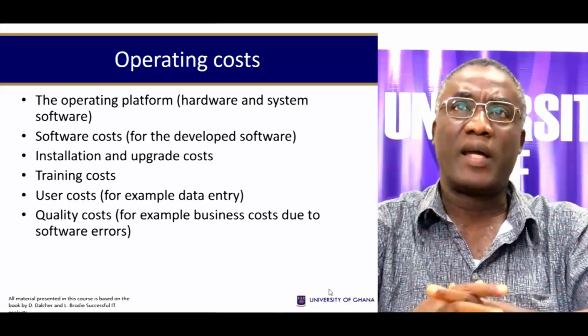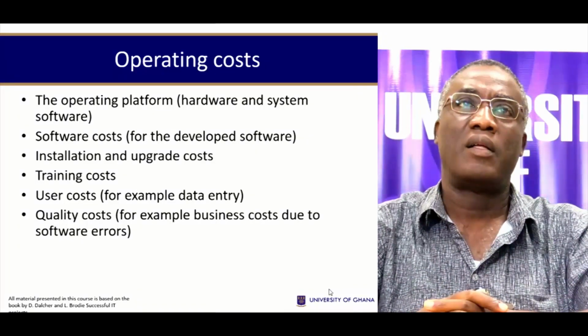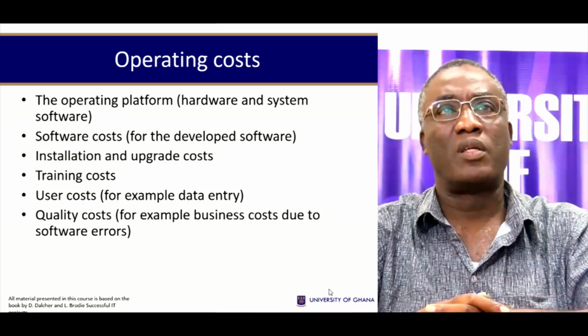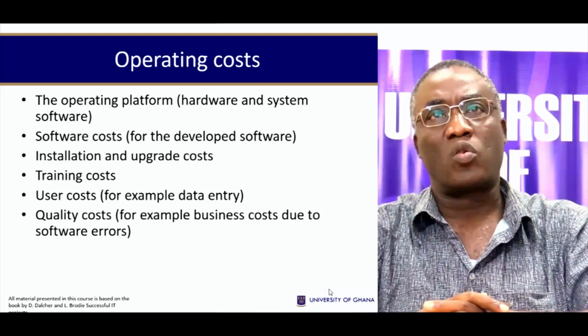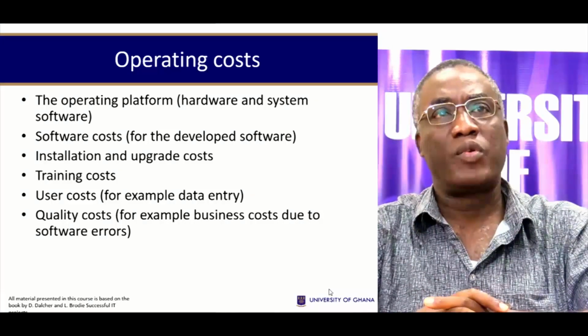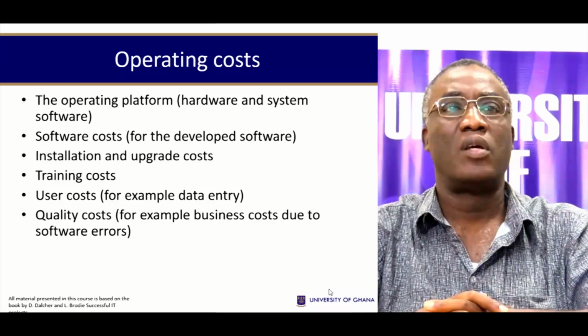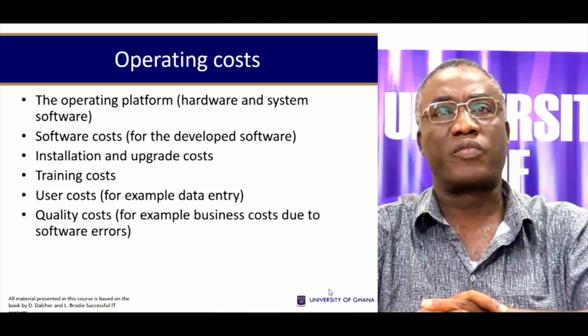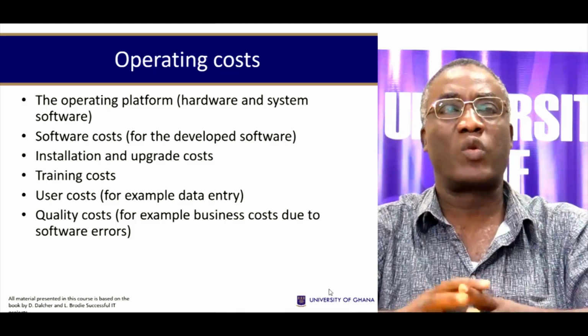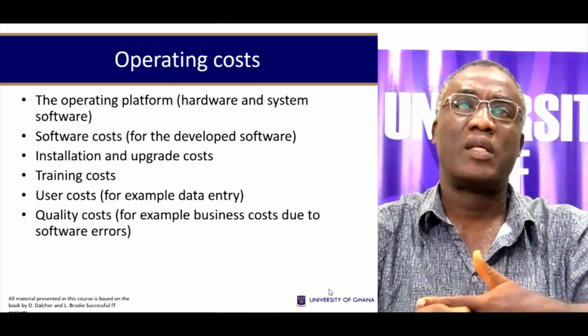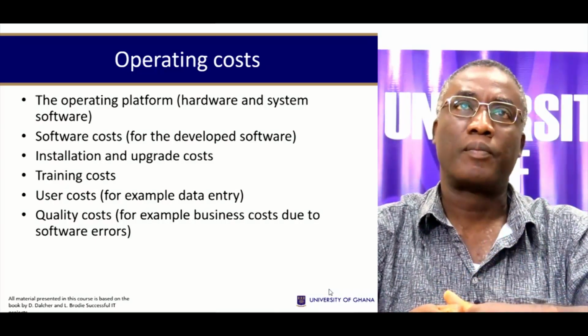Operating costs, on the other hand, are the operating platform, hardware and system software, software costs for the developed software, installation and upgrade costs, training costs, user costs, for example, data entry, and quality costs, for example, business costs due to software errors. So these are all costs associated with running the new system.